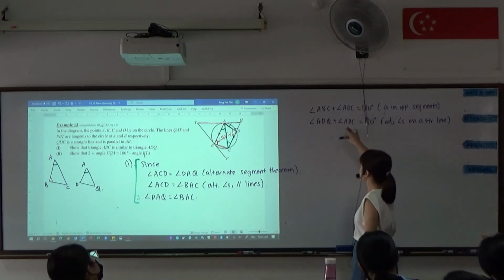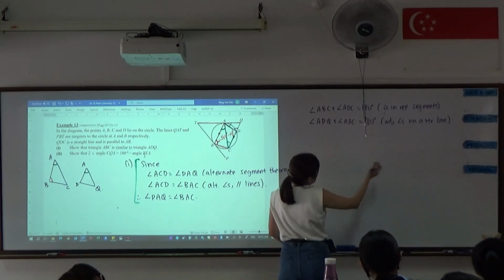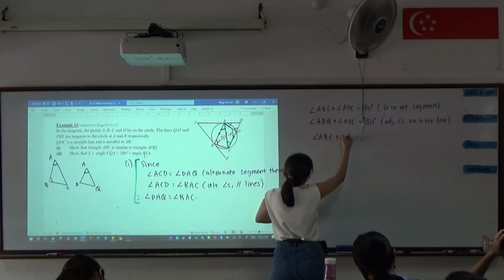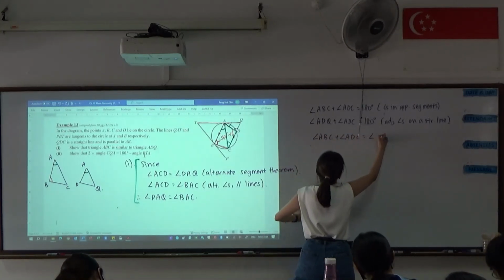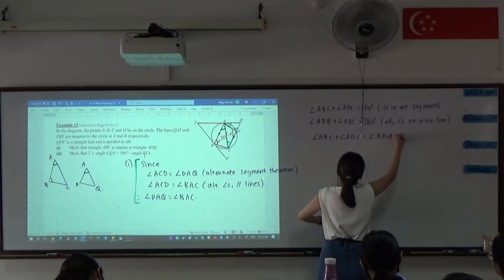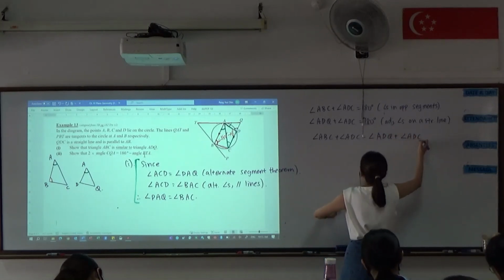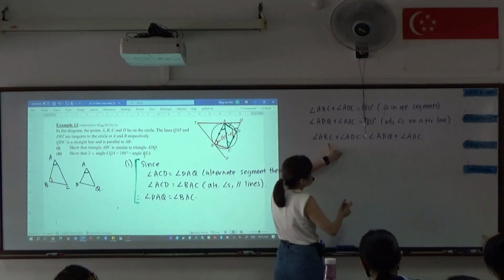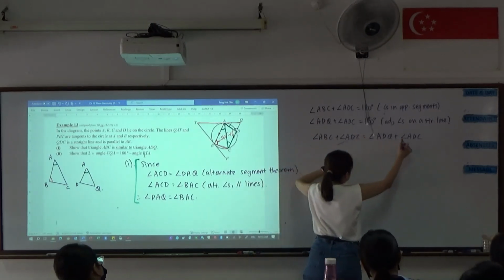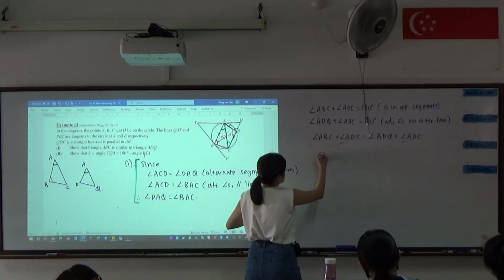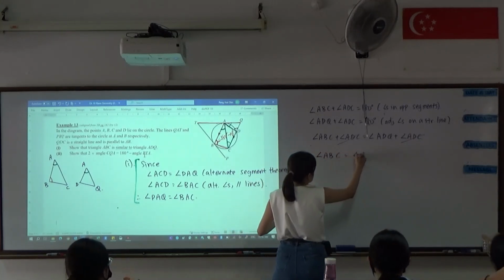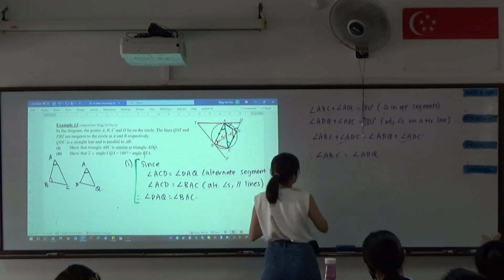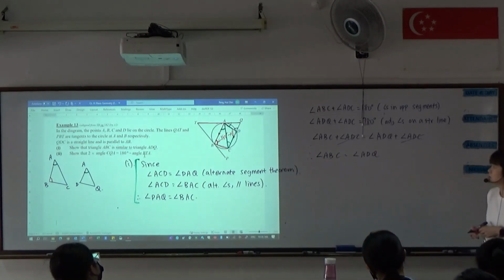From here, if I do my simultaneous equations, or if you want to present it other ways, you also can. Because they both equal 180 degrees, the two statements are equal, and then our angle ADC does get cancelled out, so to speak. And therefore, angle ABC equals to angle ADQ.